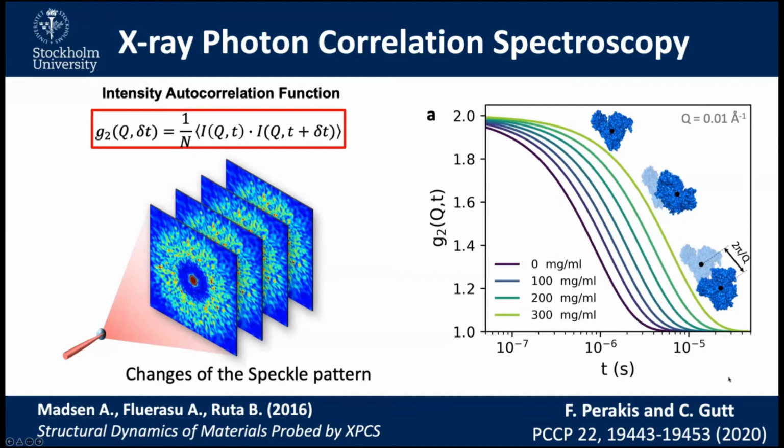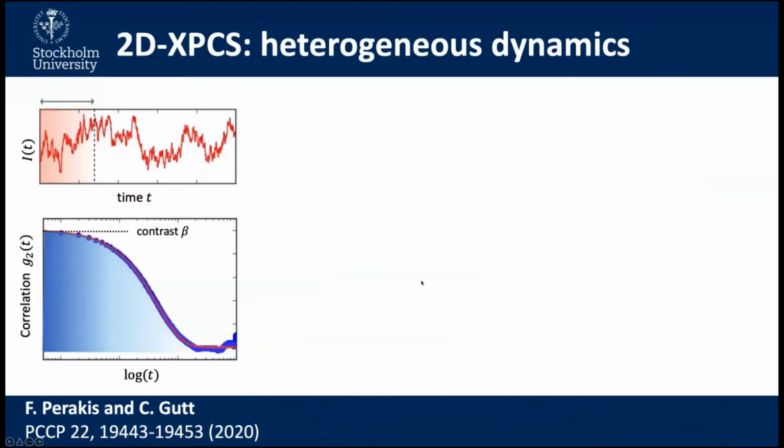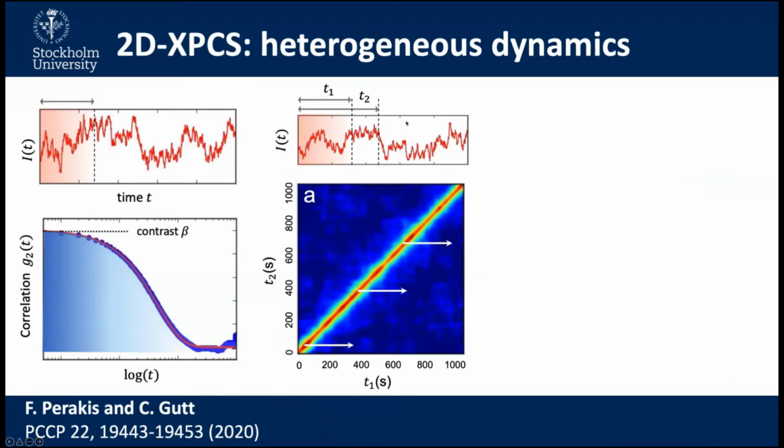Another interesting feature of XPCS, X-ray photon correlation spectroscopy, is that one can look at heterogeneous dynamics. What I explained now is how you can just get a time scale. But you can also calculate what I like to call a 2D XPCS.